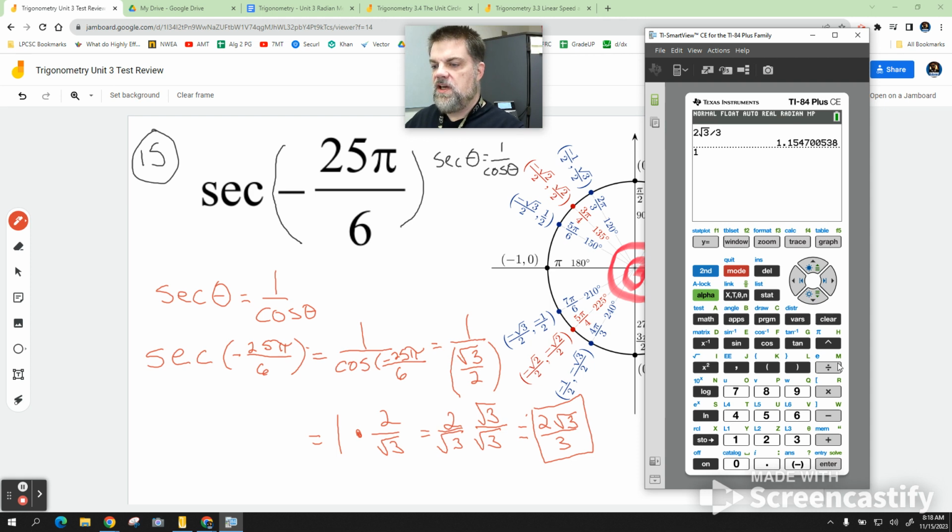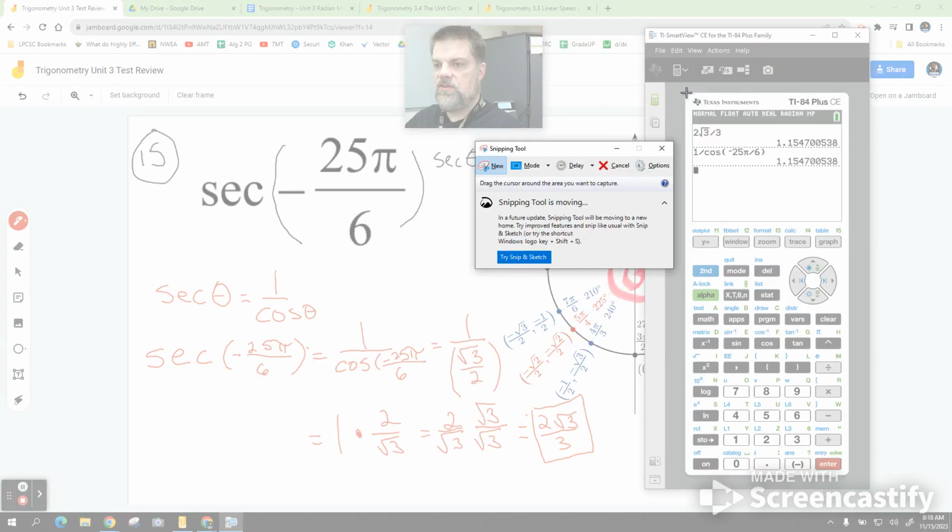But I'm going to say 1 divided by, and then I'm going to plug in cosine of negative 25 pi divided by 6. So I was right. That makes sense? So let me screenshot that. We'll put that in there so that way you can write it down in your notes.